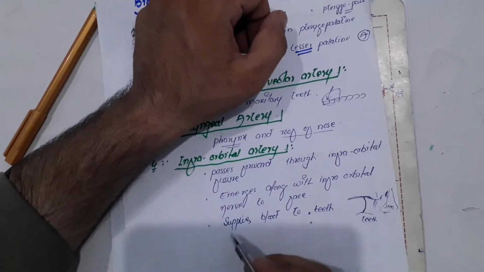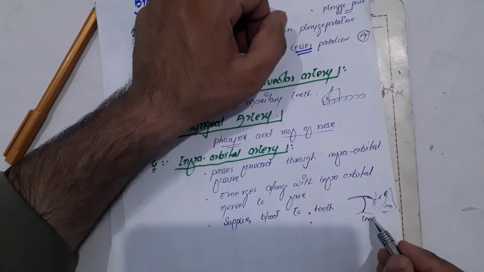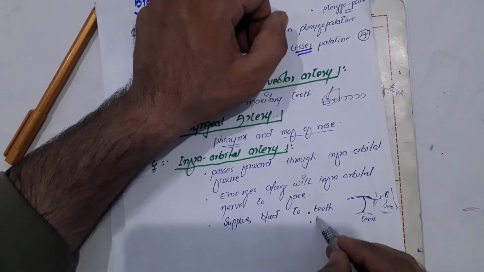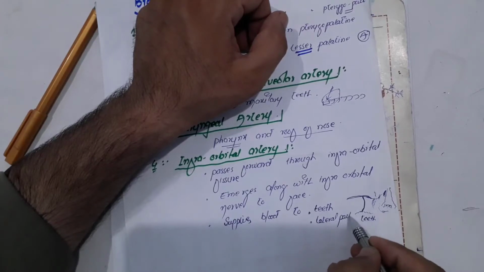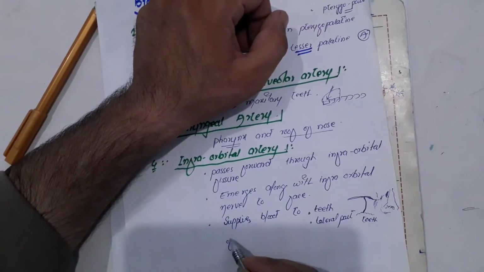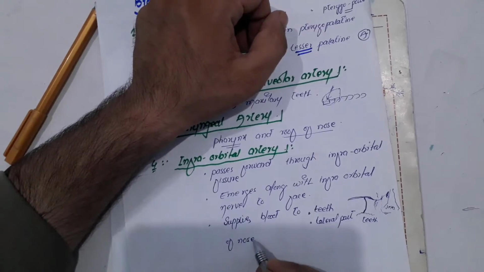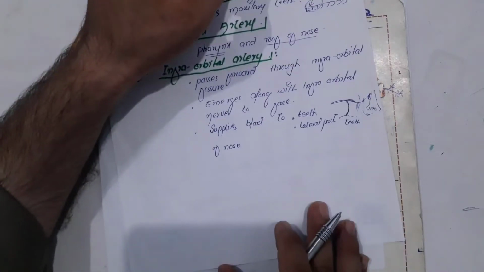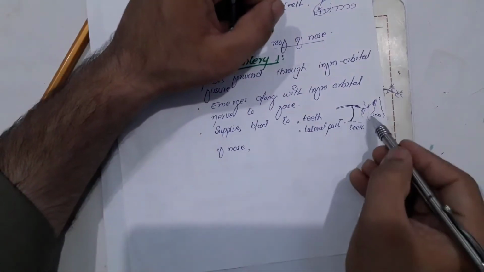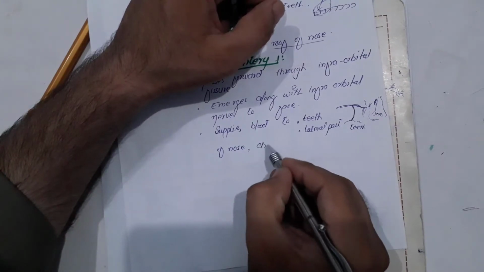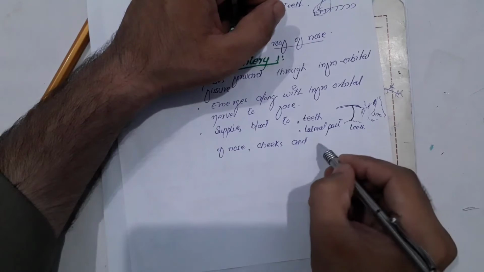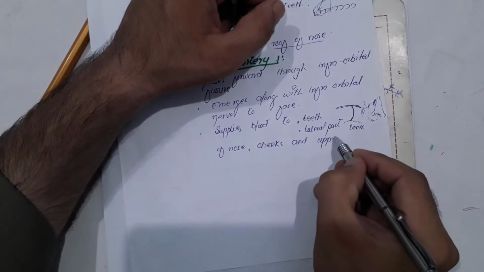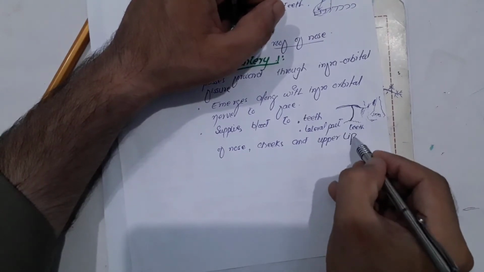So we say that this artery supplies blood to maxillary teeth, to lateral part of nose, right, friends? and cheeks, right, and some part of upper lip, a little bit, right?